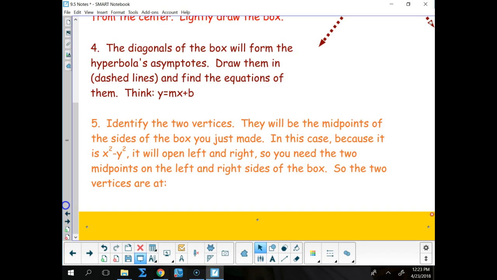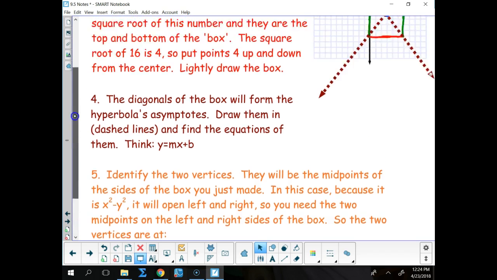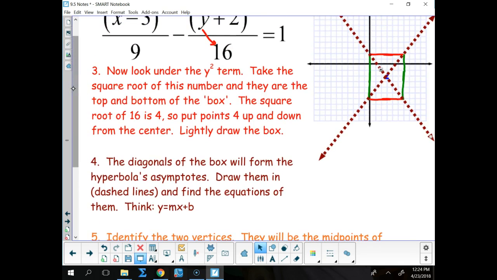So that means the midpoint of the box on the left side is a vertex, and the midpoint of the box on the right side is a vertex. So we need those two midpoints of this box. The midpoints are going to be straight out from the center, left and right.